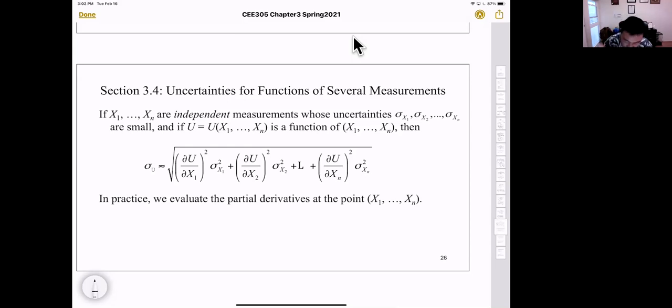If that's the case, then we should do partial derivatives. This is the partial derivative for x1, for x2, and for xn. That's the equation when we have more than one measurement for the function of u.